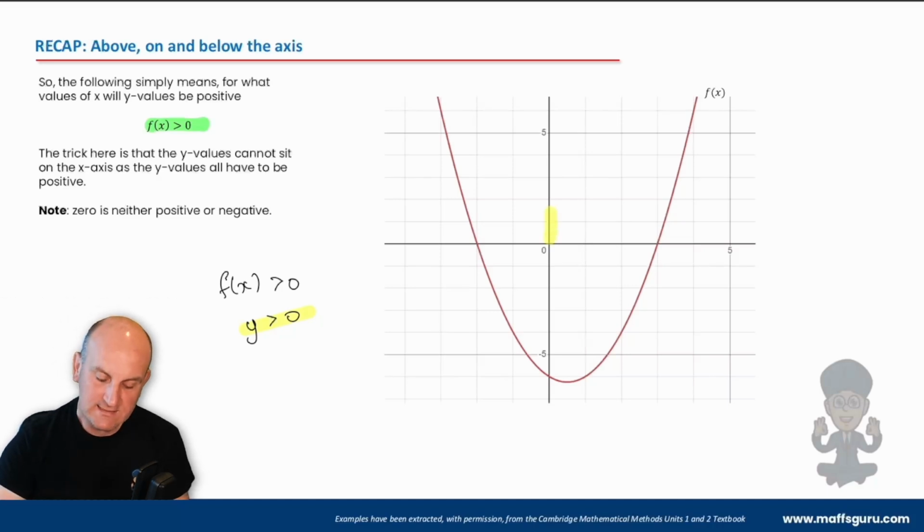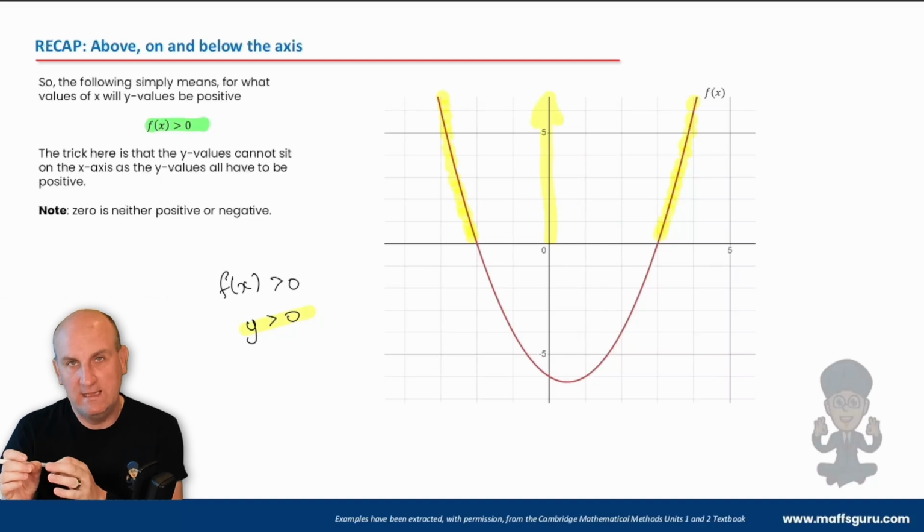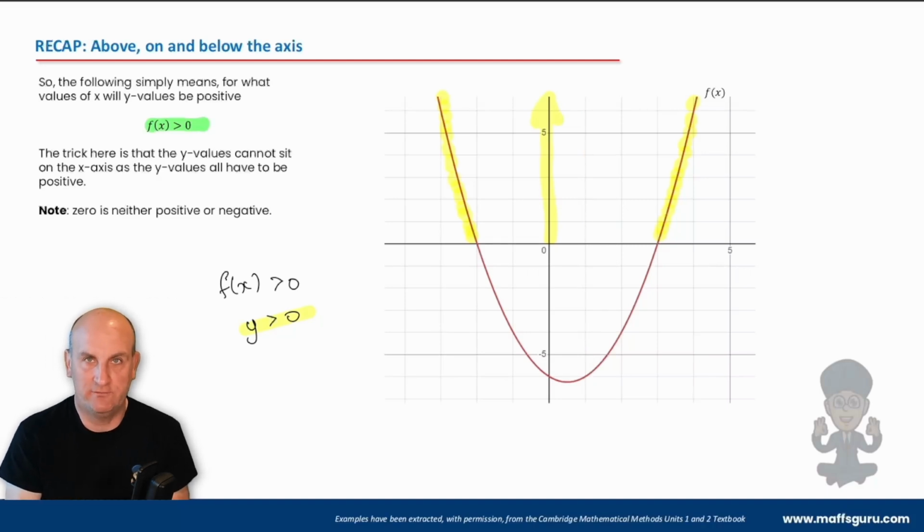Well, again, that is anything above the x-axis. So this section of the graph here and this section of the graph here all have positive y values. Yay! But what creates those positive y values?